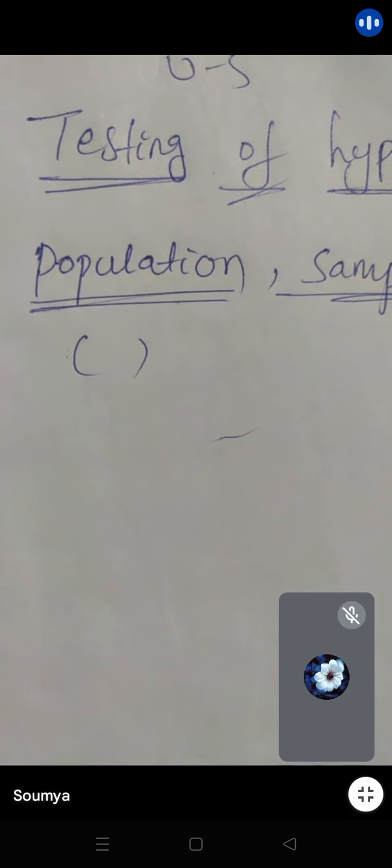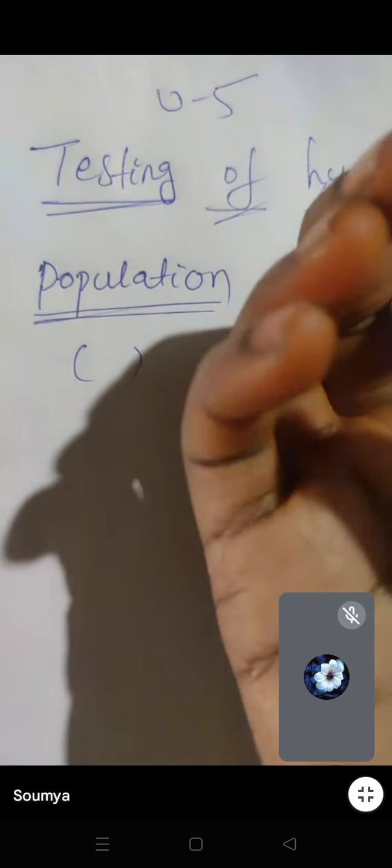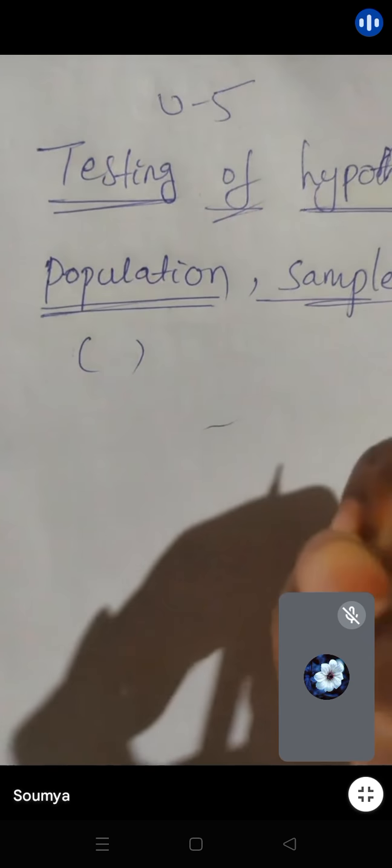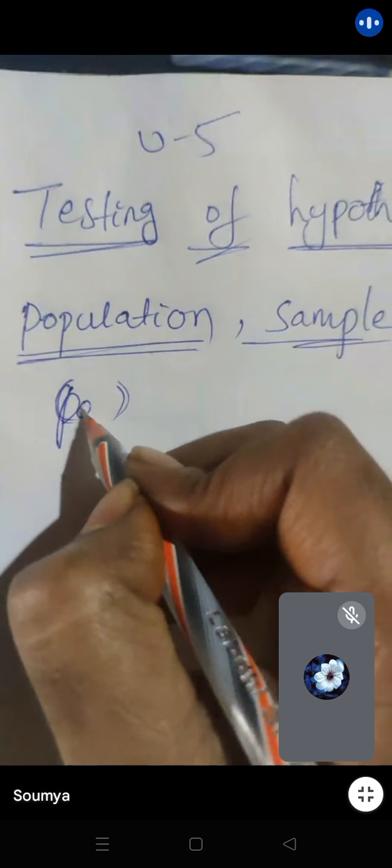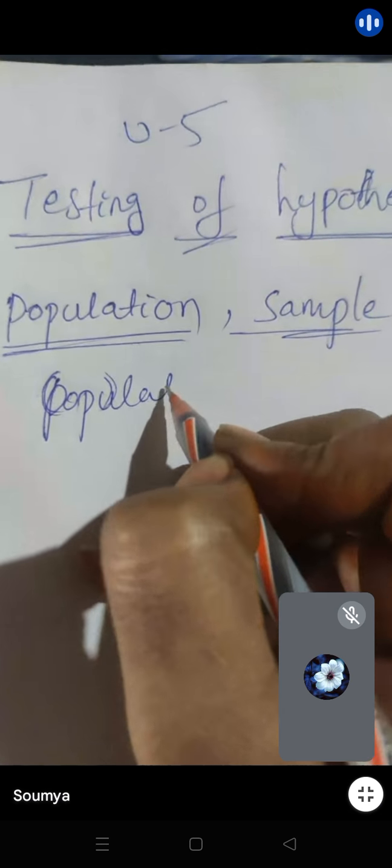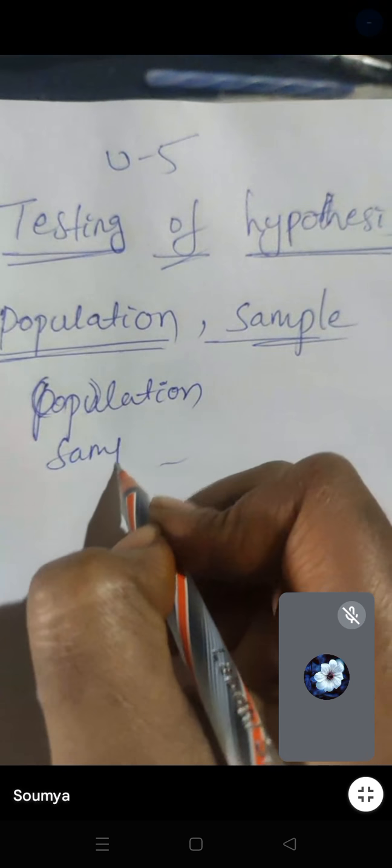We will take some pens and check those. If you have a large quantity, you won't check the total observations. You will take some part of it and check that. So the whole collection is called population, and what we are taking is called sample.